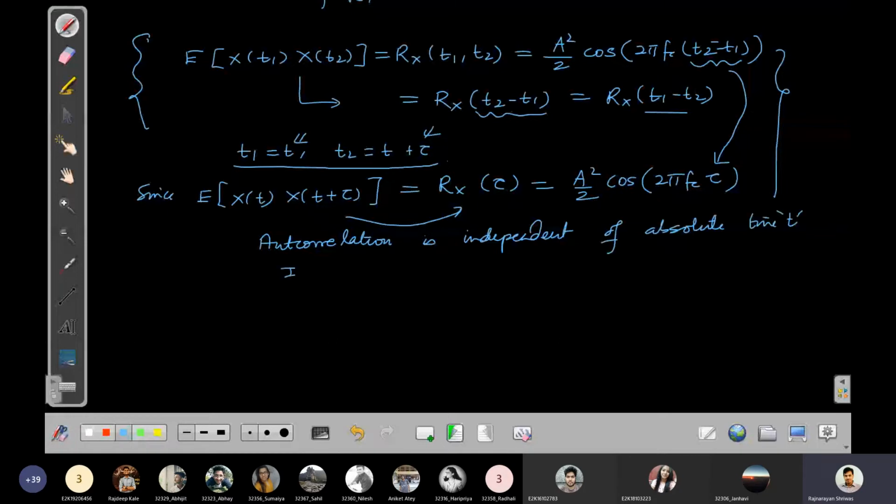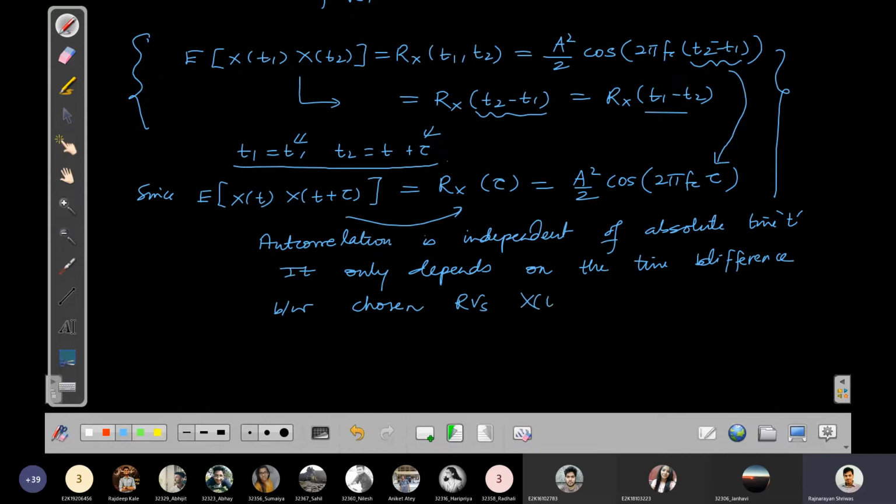It only depends on the time difference between the two chosen random variables xt1 and xt2.